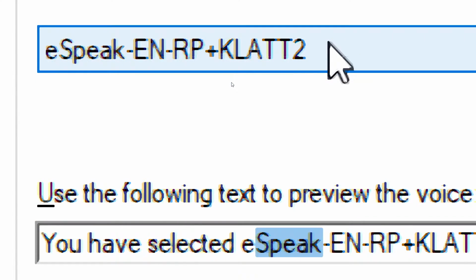You have selected eSpeak ARP plus CLAT2, CLAT3, and CLAT4 as the computer's default voice, in turn.